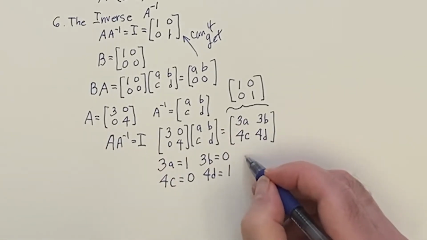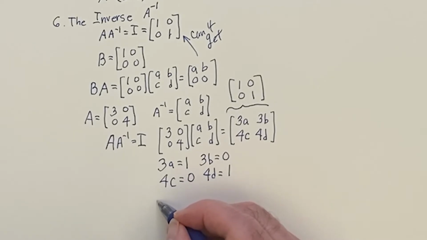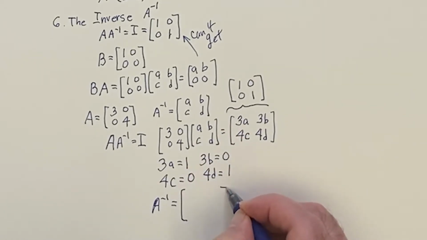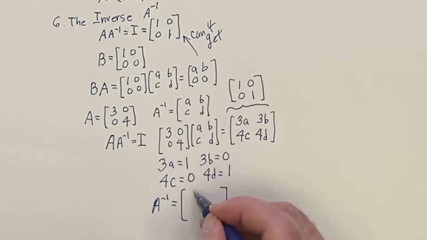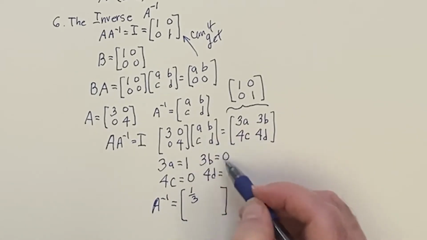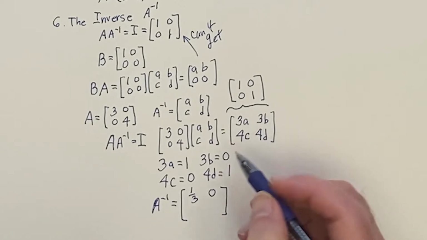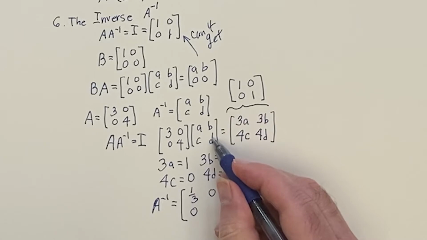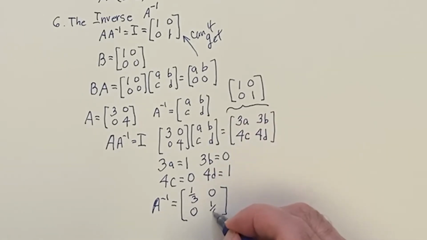Now that means that here we can write down what the A inverse is. A has to be a third, and the B is going to be 0. C is going to be 0, and D is going to be 1/4.